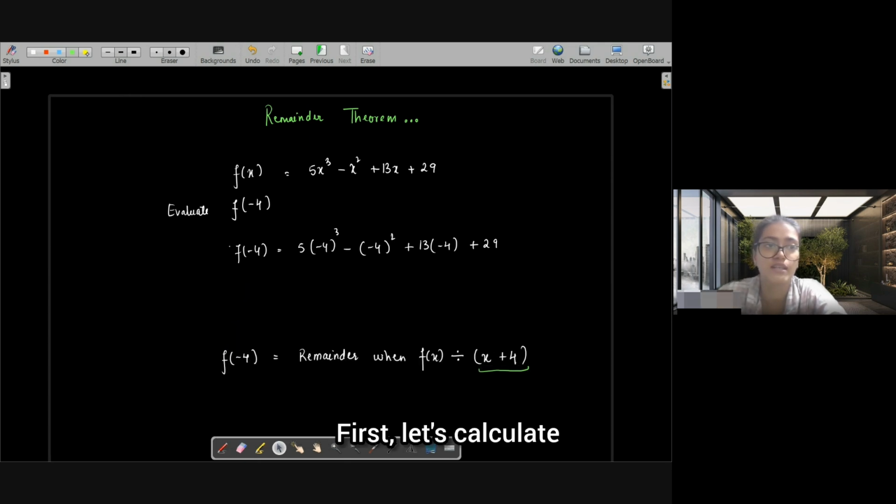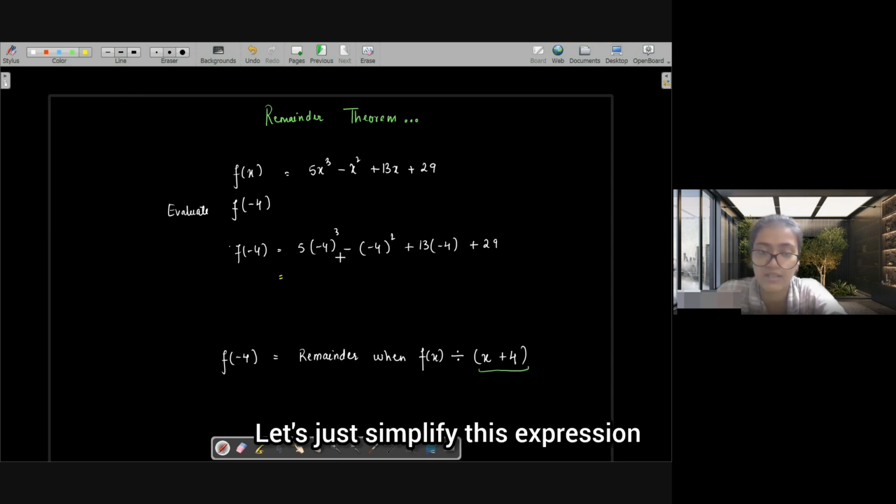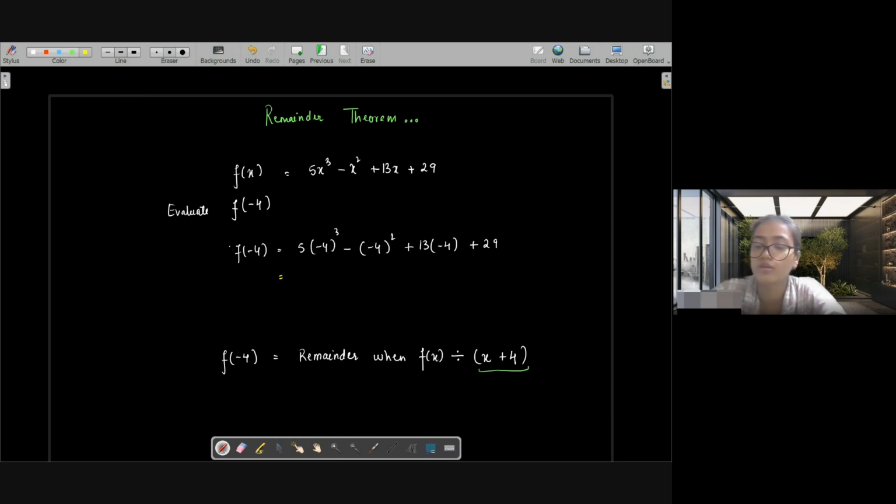First, let's calculate all of this. Let's just simplify this expression. So what is -4 raised to 3? -64. And that times 5, so -320, minus -4 squared, which is 16.